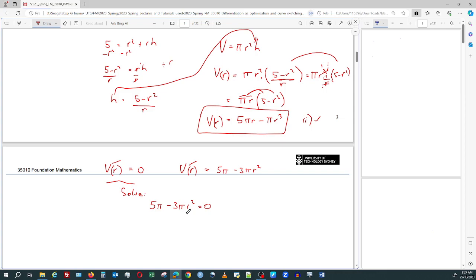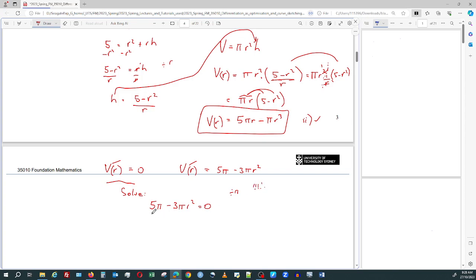Okay, so what we're going to do is, the first thing we can consider is that we can divide through by anything that's common, so we can divide through by pi. Now this is a bit tricky. I'm going to highlight that.